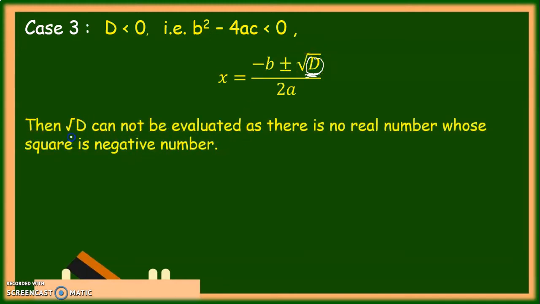So under root d cannot be evaluated, as there is no real number whose square is a negative number, because the square of any real number is always positive. So the square root of a negative number is not possible. We will not get any real number.